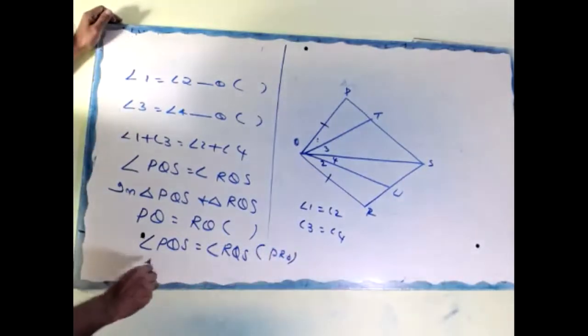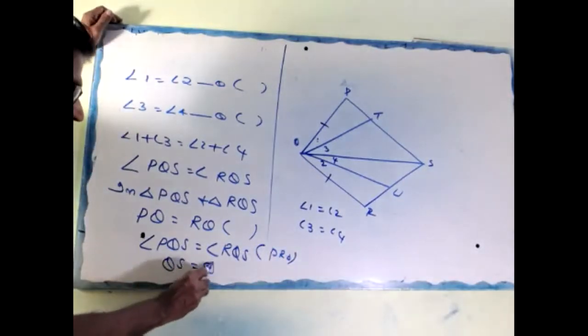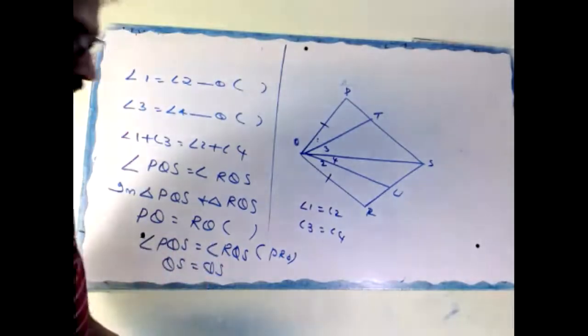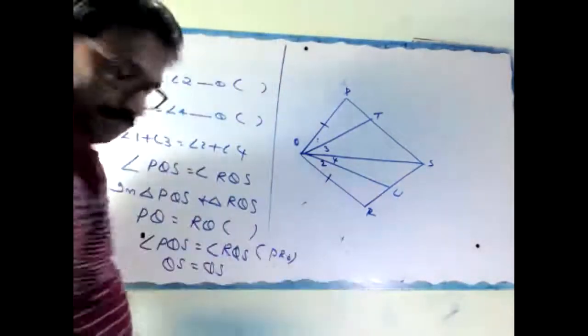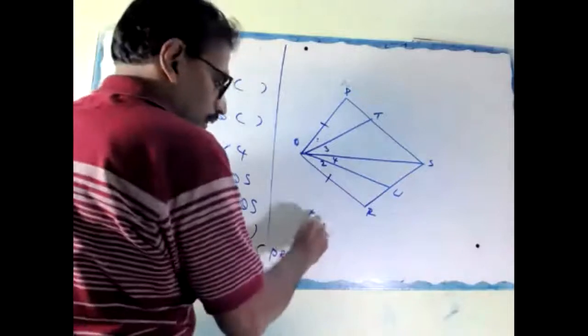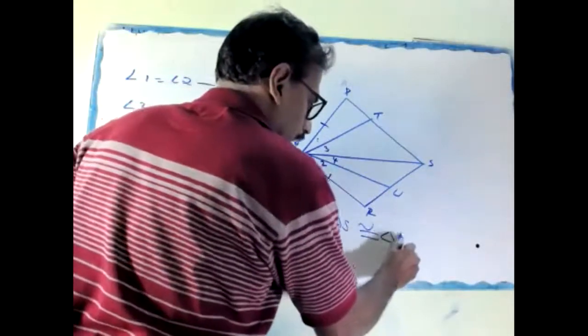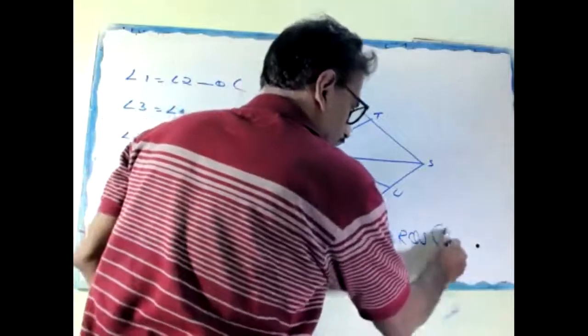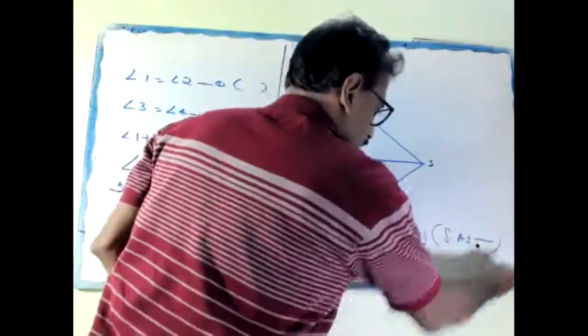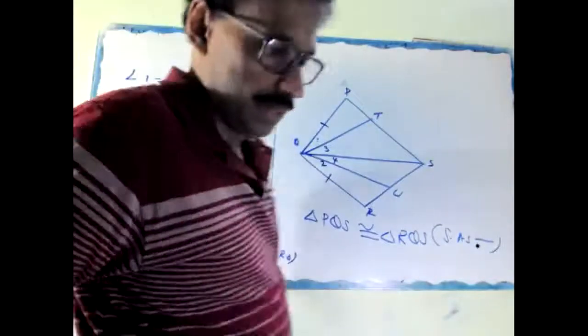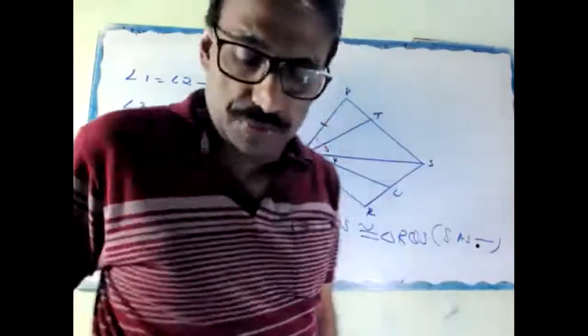QS equal to QS. Therefore, triangle PQS congruent to triangle RQS, SAS congruency. Right up to here.